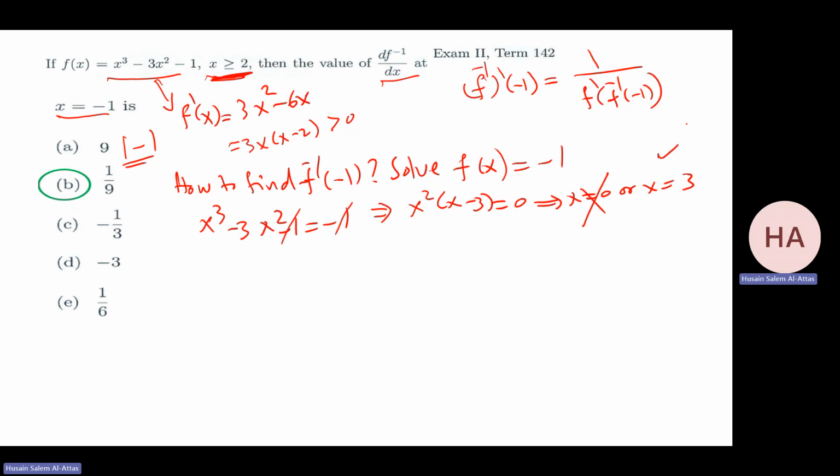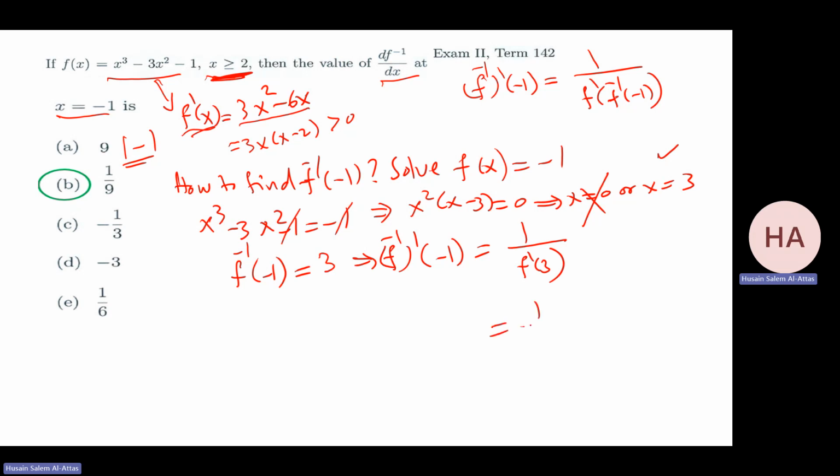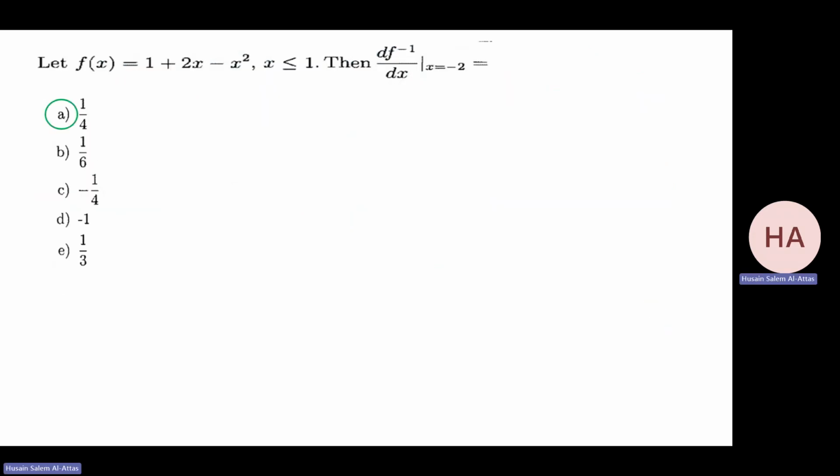So I'll take only this. So f inverse at minus 1 equals what? 3. That means f inverse prime at minus 1 will be 1 over f prime at 3. And what is f prime at 3? Here substitute, you get 1 over (27 minus 18), which is 1 over 9, which is this one.